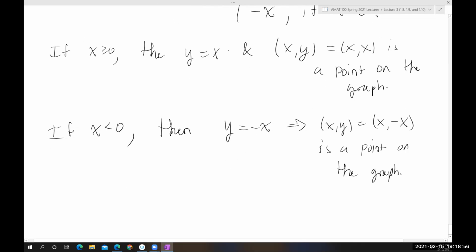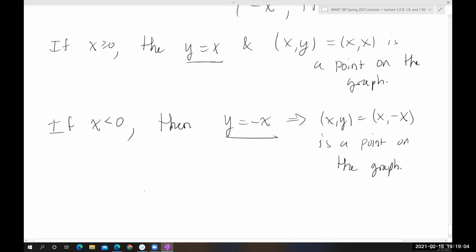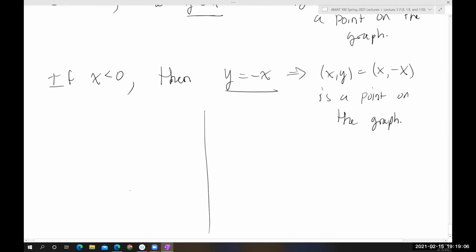So we have these two things we can plot, and we're in some sense gluing them together. That's why we have this union. We're gluing the two pieces together.